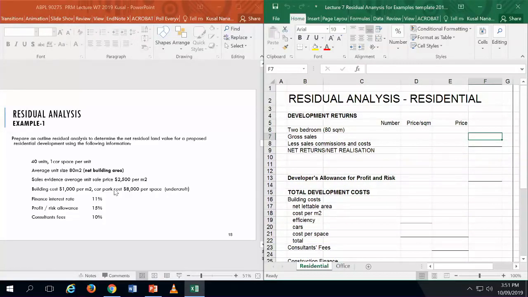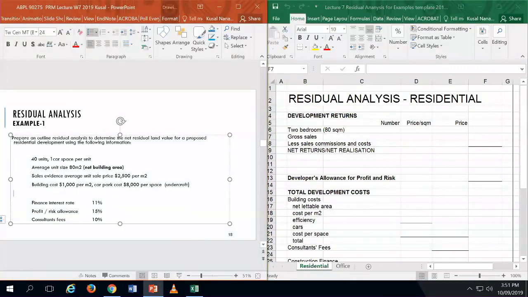Building efficiency, make it 80%. Yeah, good question, good point. You don't have a unit mix, it's just 40 units of 2 bedrooms. Don't worry about 2 bedroom or 3 bedroom. Very simplified.